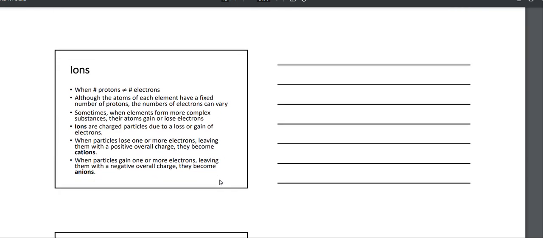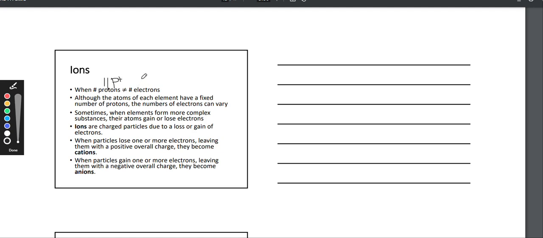Before we get into isotopes, let's talk about ions. Ions form when the balance between the protons and electrons no longer exists. What does that mean? Let's look, for example, at sodium. Sodium has 11 protons in the periodic table, correct? If you look at the periodic table, the atomic number is 11. So it has 11 positively charged protons.